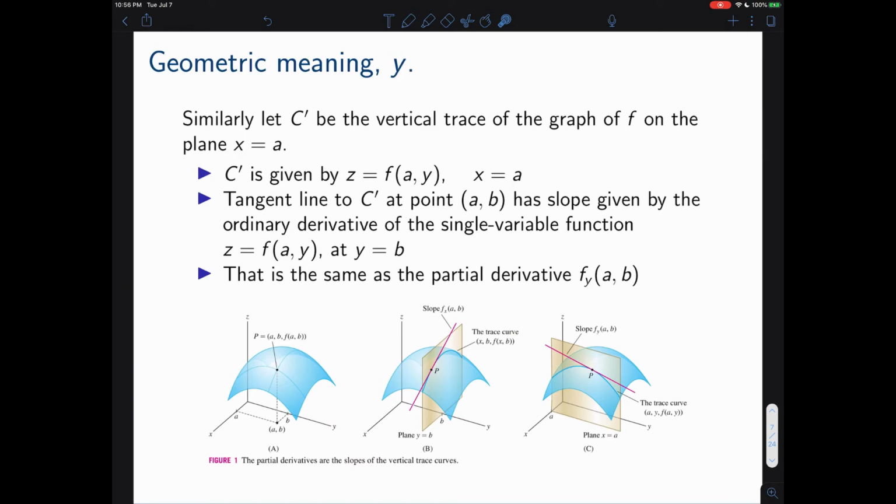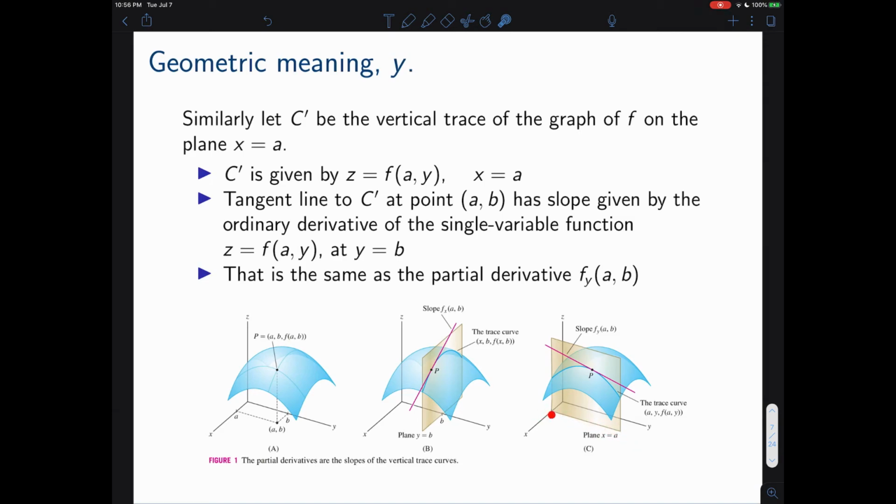So on this slide, we're focused on the vertical trace that we get from the plane x equals a. Instead of setting y to be a constant, we're setting x to be a constant. So along the x-axis, we're looking at value a, and we just set x to be a.